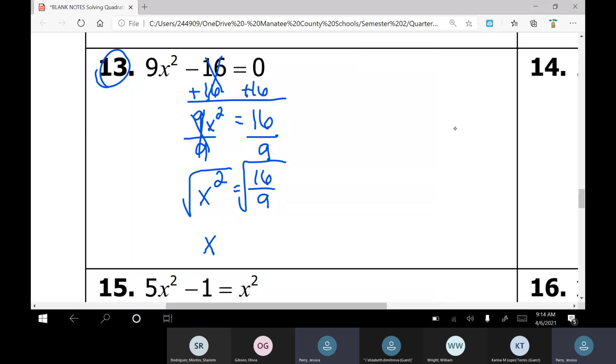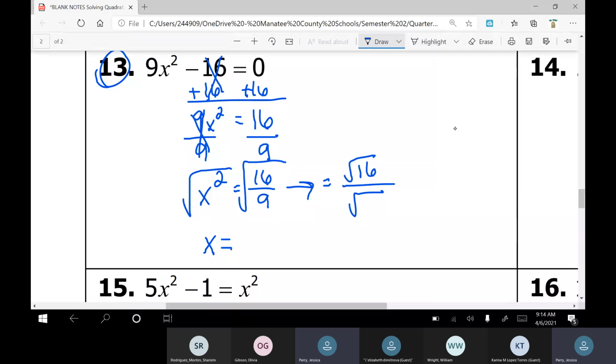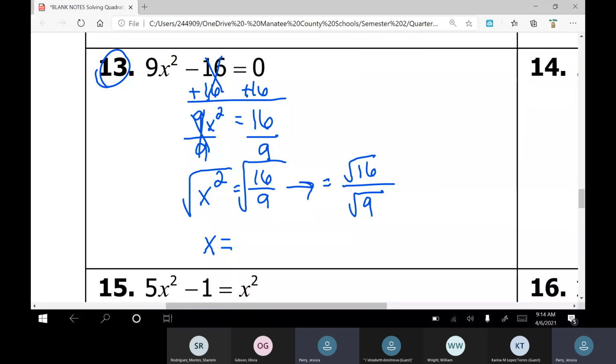So here's my x equals. Another way to write this square root of 16 over 9 is to do square root of 16 over square root of 9. Okay, so we're going to take the square root of the top and the bottom to help us identify the answer. We know that we can have a positive or a negative for our final answer.